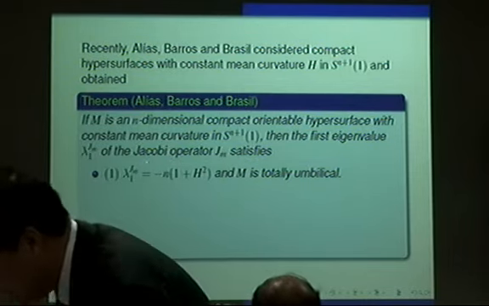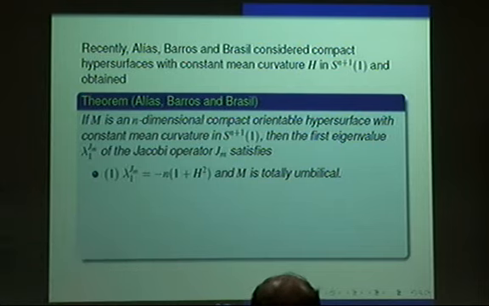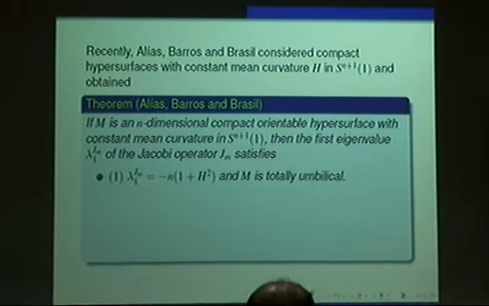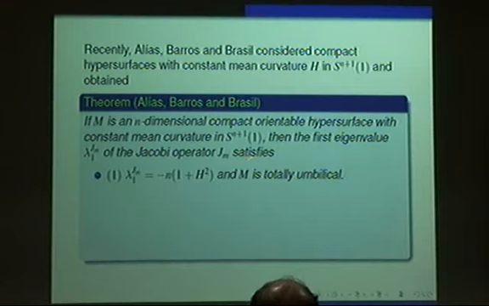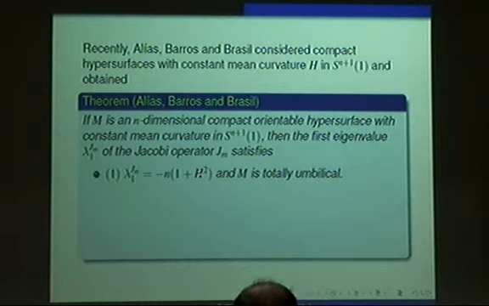The first one: the first eigenvalue of this Jacobi operator is equal to negative n times 1 plus H squared if and only if M is totally umbilical. So from here we know that if H equals 0, meaning M is a minimal hypersurface, then the first eigenvalue of the Jacobi operator is equal to negative n.